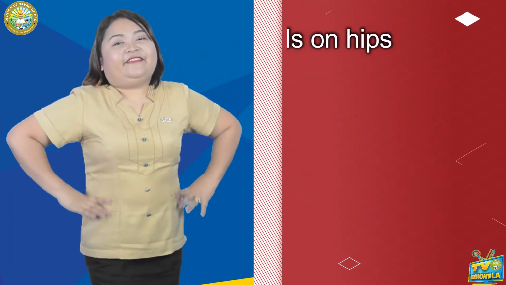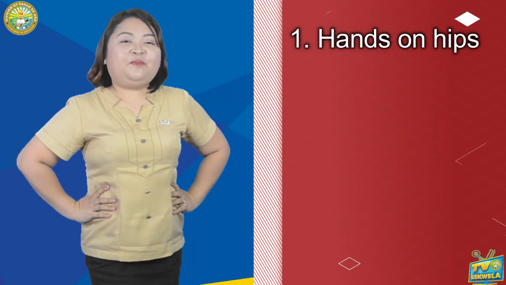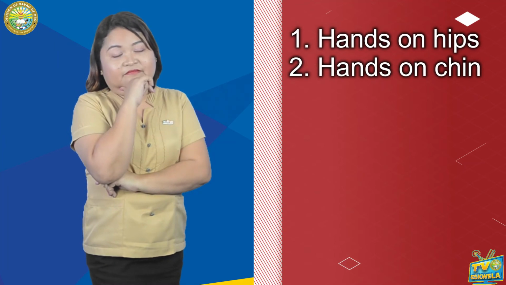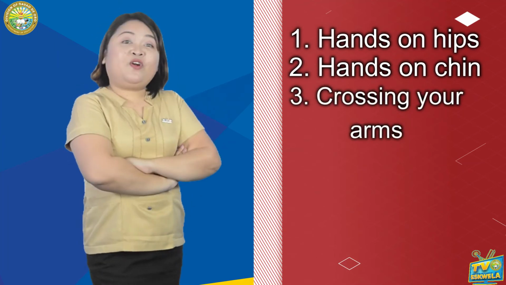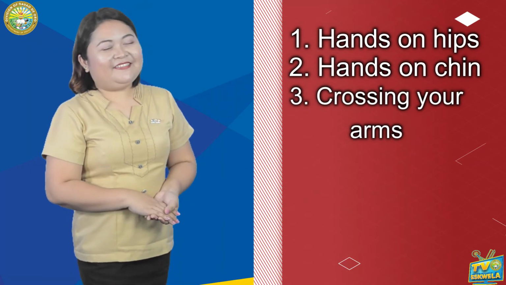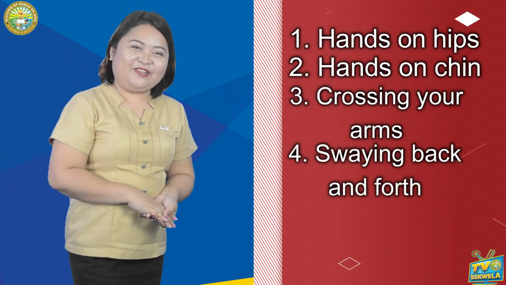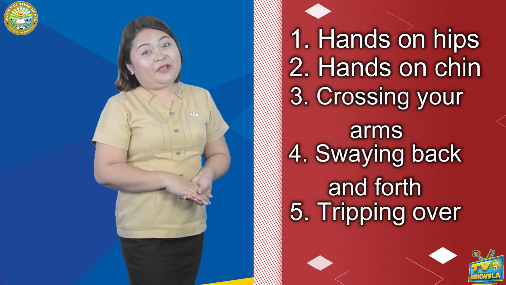Now here are the body movement to avoid. Number 1, hands on hips. Number 2, hands on chin. Number 3, crossing your arms. Number 4, swaying back and forth. Number 5, tripping over.